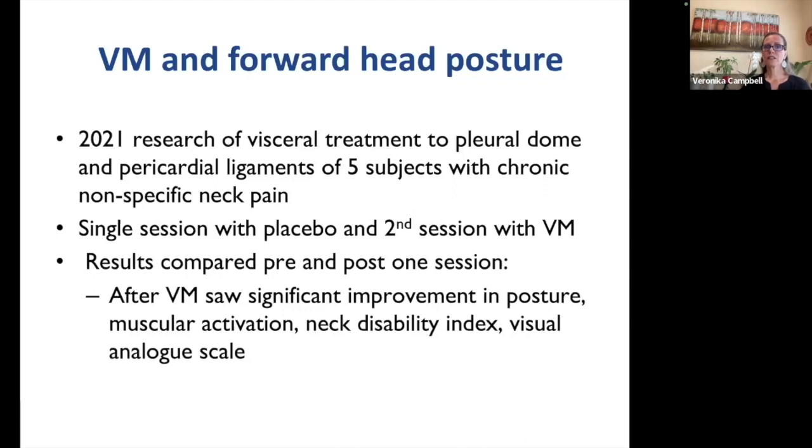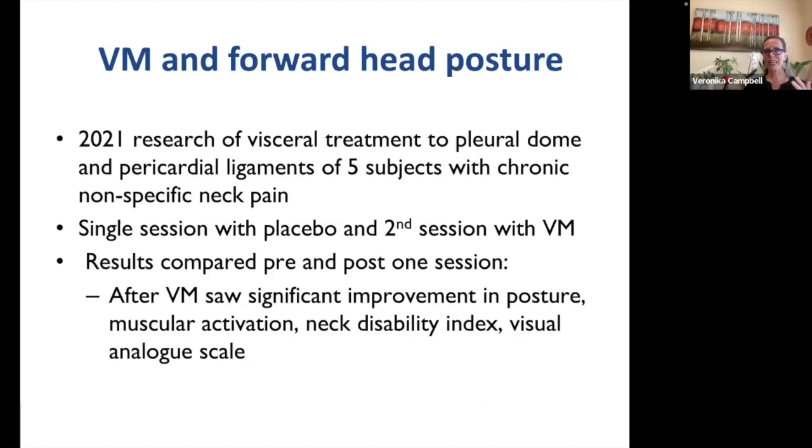And they did 1 single session with a placebo treatment, and then a second session with visceral manipulation. So they always did a placebo first to see what changes, and then the visceral. And after the visceral compared to the placebo, they saw improvement in posture, muscular activation, neck disability index, and visual analog scale for pain.